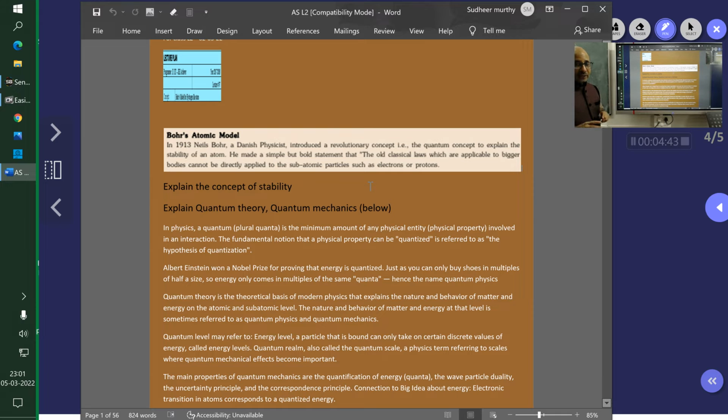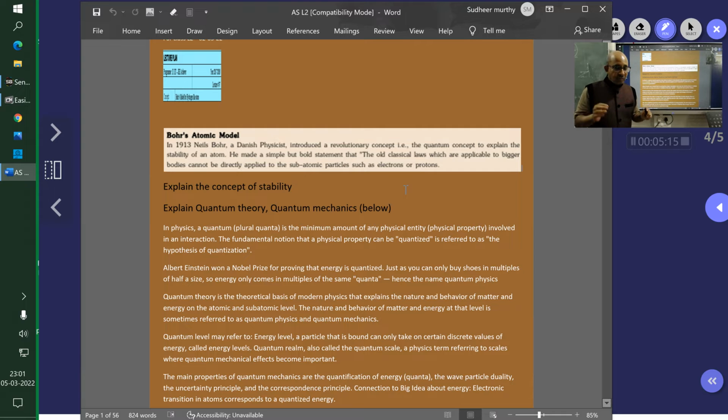See, the word here is bold, because the electromagnetic theory has been in existence for almost a century or more, and suddenly Niels Bohr, a young scientist, comes and says, look, the classical laws with which many interesting phenomena could be explained can be used for larger bodies, but when it comes to subatomic particles, you cannot use the classical laws.